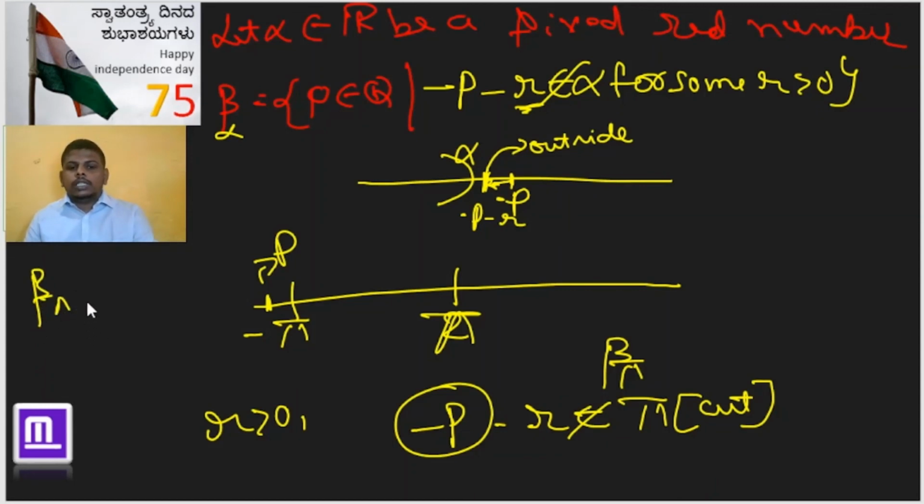Now the question is, you collect all such numbers. Is it a cut, and is alpha plus beta equal to 0 star? 0 star is our 0. So is alpha plus beta going to give you 0? That is what we are going to see in the next video.